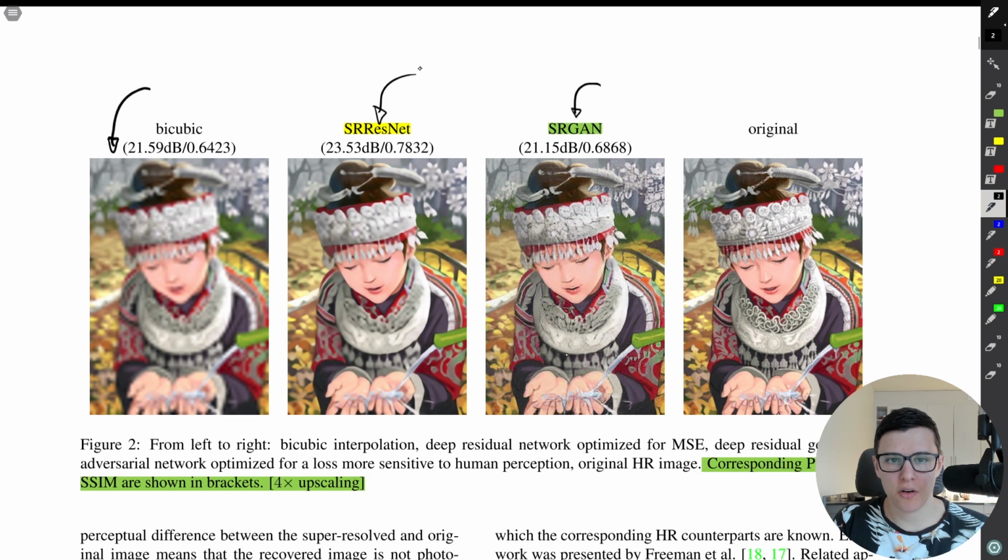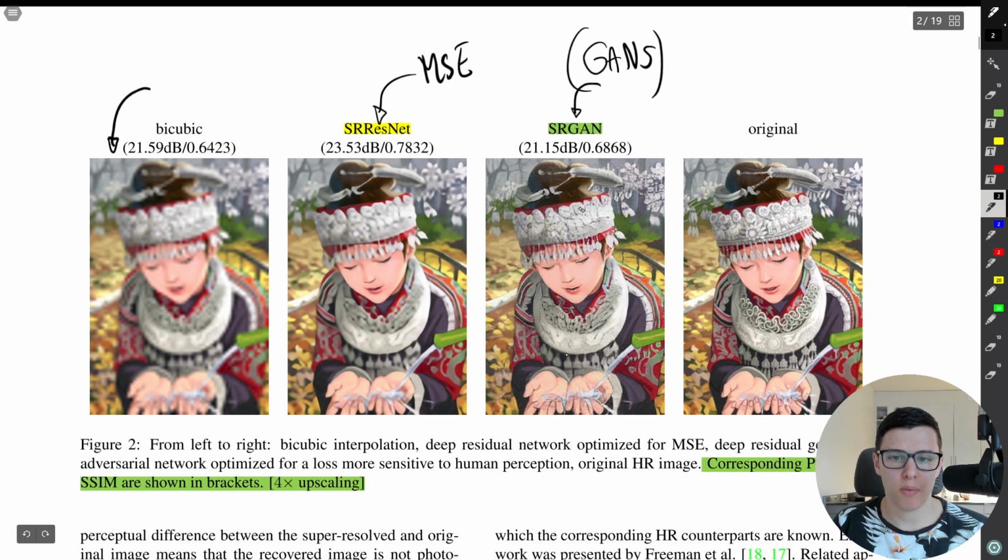But essentially here it's only MSE, and here it's, let's just say GANs. We'll see the details later on. But if you just look at them, obviously this is a substantial improvement. It looks a lot better. There's so many more details that are captured compared to just the MSE.